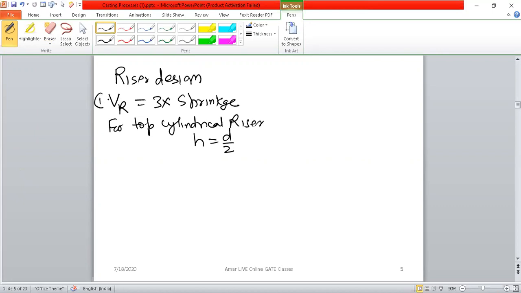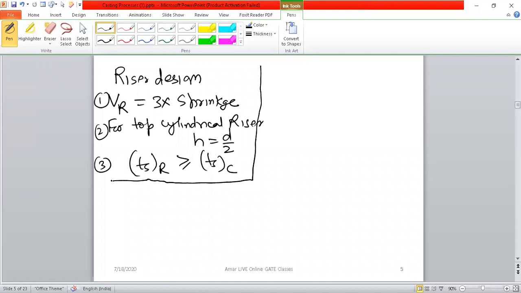That is 1, and this is second. And third, the solidification time of the riser must be equal to or greater than the solidification time of the casting. If these three are satisfied, it means your riser design is perfect.